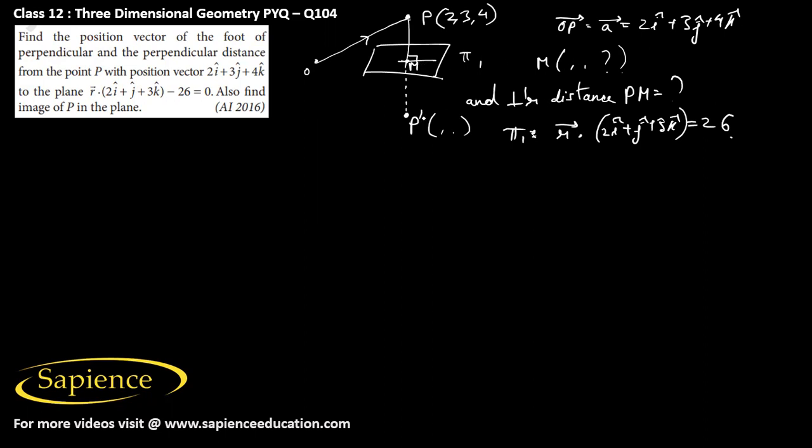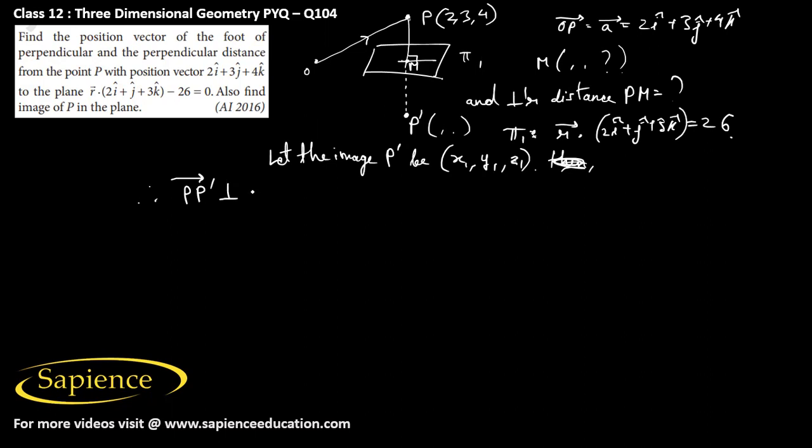So suppose let the image P dash be x1, y1, z1. Then we can say that this P dash vector is perpendicular to the plane pi1.